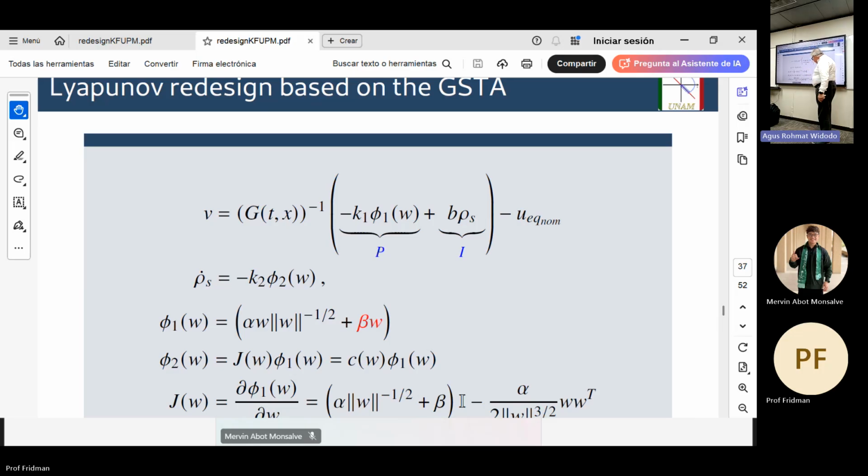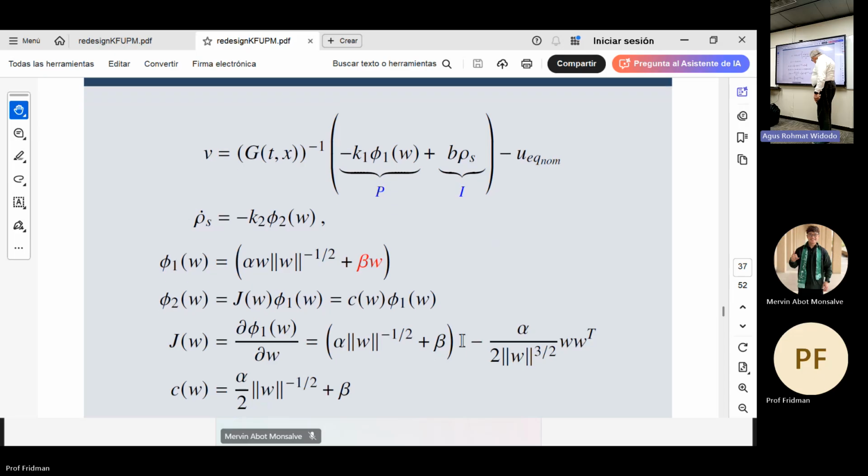The same story here with the sign. If you need the details, I'll give them to you, and they are in our paper. It is part of the proof.